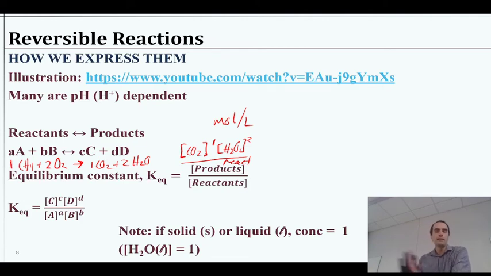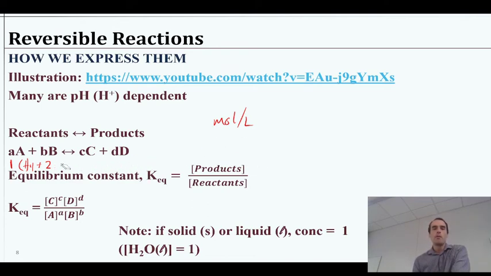Issues? Okay. So that's just how we're describing it, with a chemical reaction like that, the lowercase is the number of molecules beforehand.